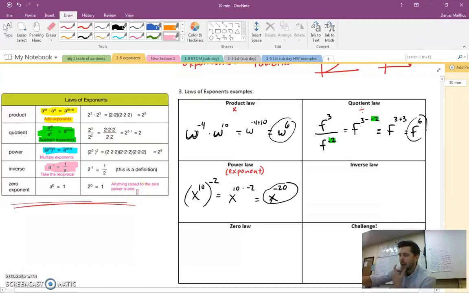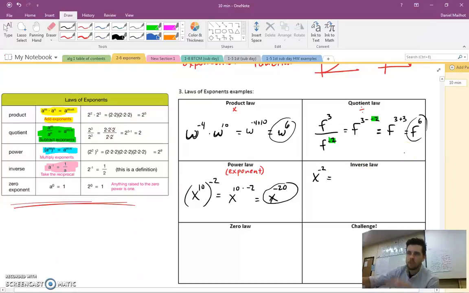So, if you've got something with a negative exponent, let's do an example over here. Maybe we'll do two examples. Like x to the negative 2. Sometimes we don't want to use negative exponents. It's easier to work with positive numbers, right? So the way we can deal with that is with an inverse. Now think of what inverse means.